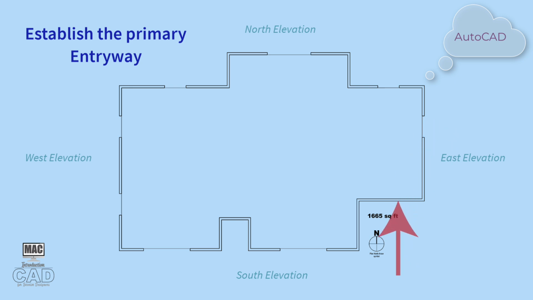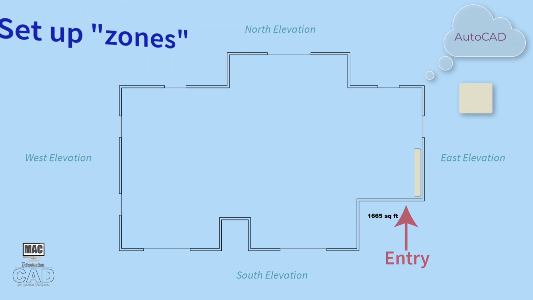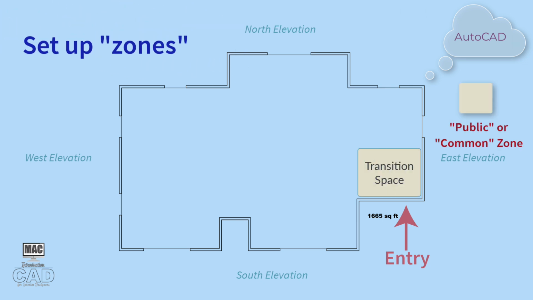Consider what you already know about a residential structure from the point of entry as you enter the space. In this example, the red arrow marks the approximate location of the entryway for the floor plan development. Through the point of entry, one enters into a transition space, such as a foyer, or you step into a public zone, such as a living room, great room, or family room.